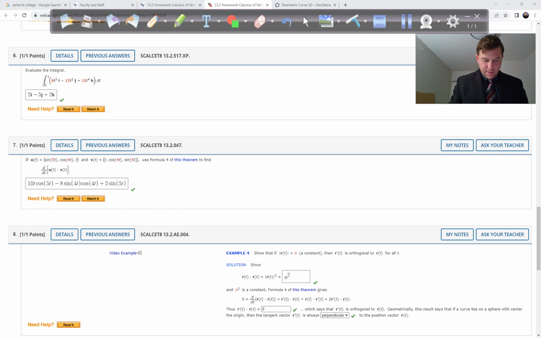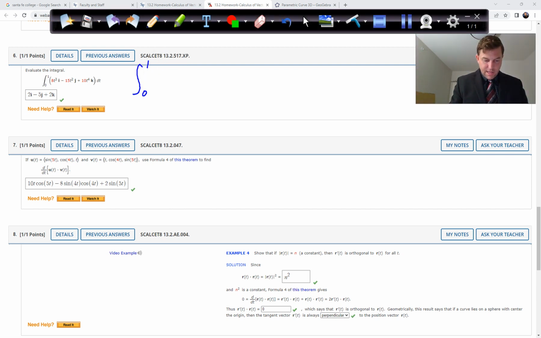So we have the antiderivative from 0 to 1 again of 8t cubed in the i minus 15t squared in the j plus 10t to the fourth in the k.